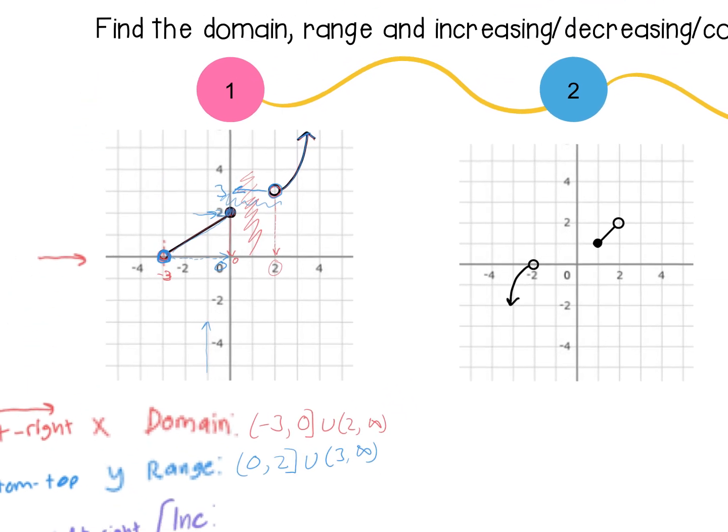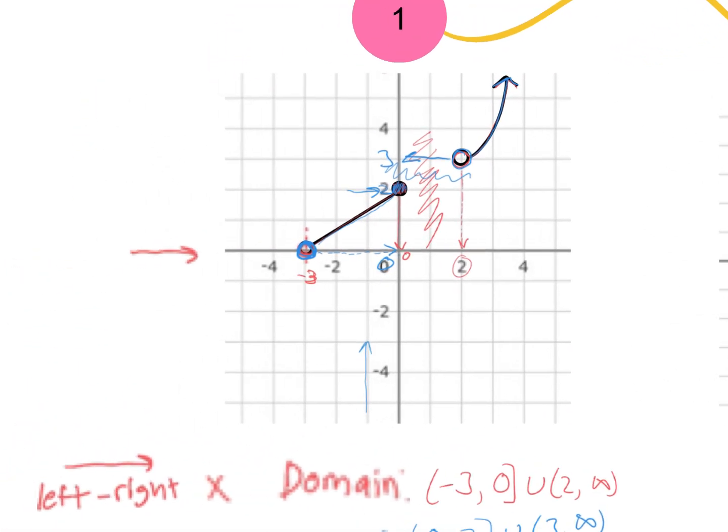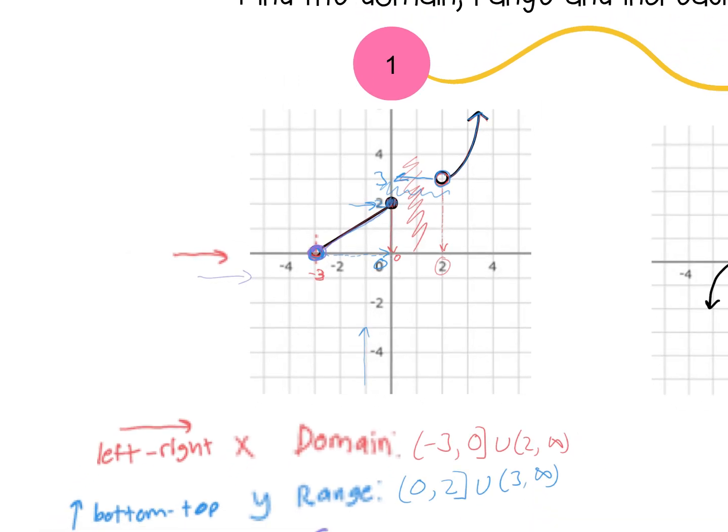So let's go from left to right. Same thing with our domain, we're going to go in this direction. The first point that we hit is going to be this value right here. And then this little piece of our function, which direction are we going in? If you start here at this open circle, notice that to get to this next point right here, we're going to have to go up.